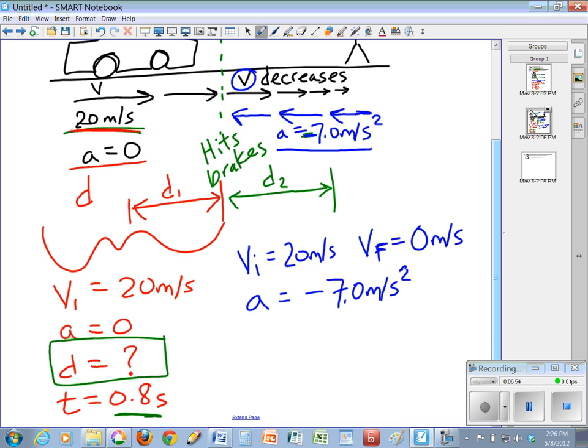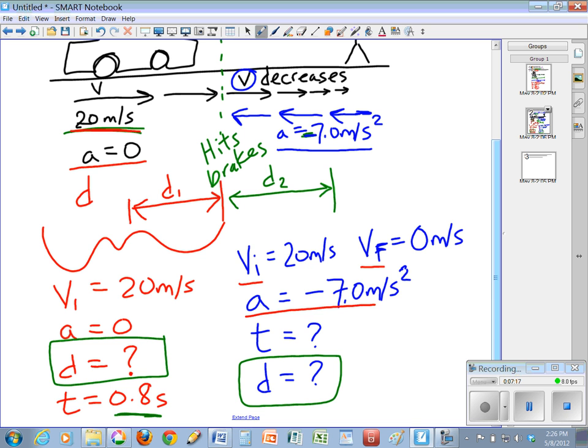We don't know the time it takes to do that, and we don't know how far the car goes either. But that's what this question is asking for ultimately, the total distance traveled. So we do know an initial velocity, a final velocity, and an acceleration.